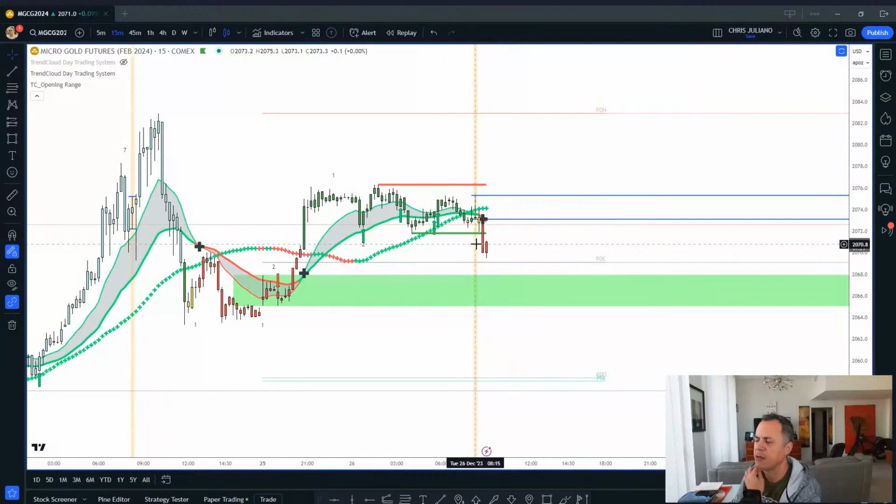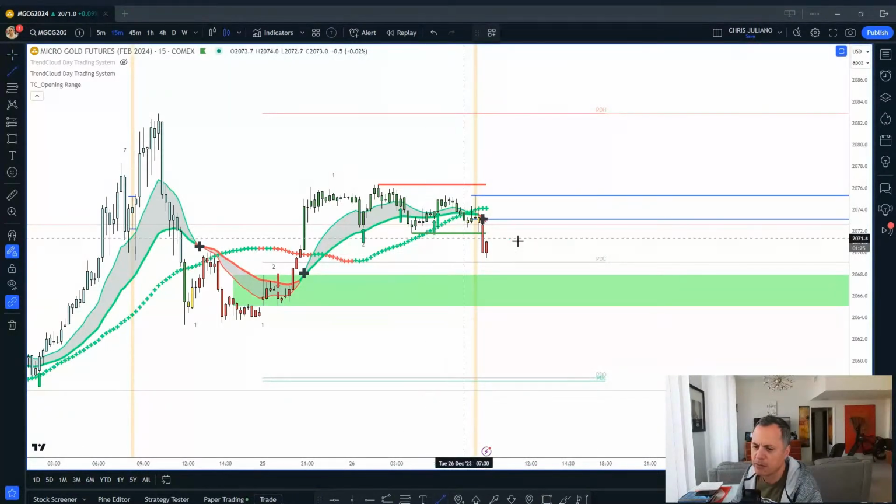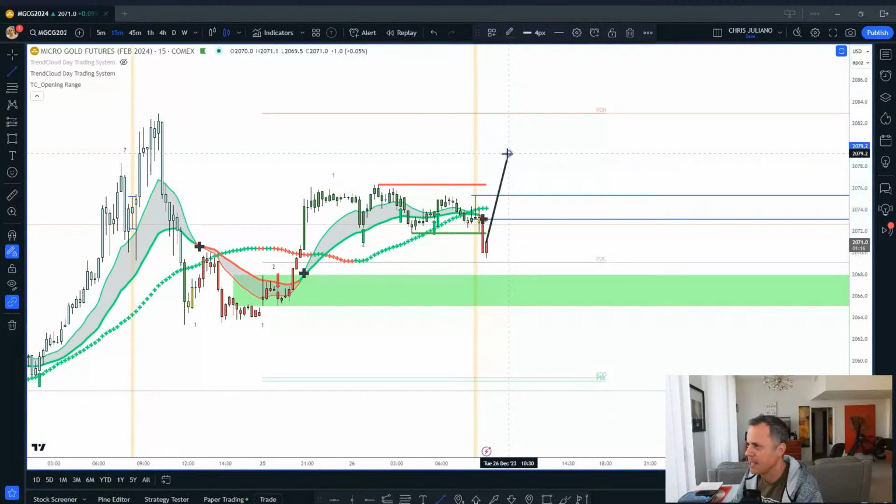Now, if this completely reverses, here's where you can unconfuse things. If this completely reverses and does this, now we can clearly take the retest of that opening range. We can clearly take that, right?